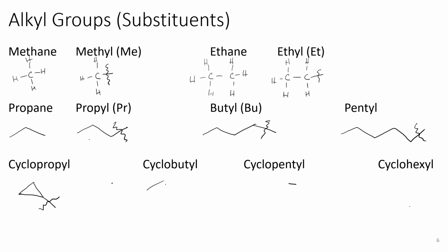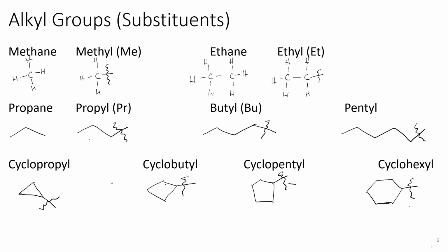We can also talk about our cyclobutyl groups, where we would have that 4-carbon cycle coming off of our parent chain. We will have cyclopentyl groups as well, so a 5-membered ring coming off of our parent chain. And we can also have cyclohexyl groups, which would be that 6-membered ring coming off of our parent chain.